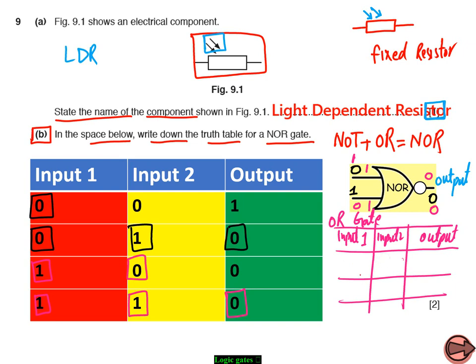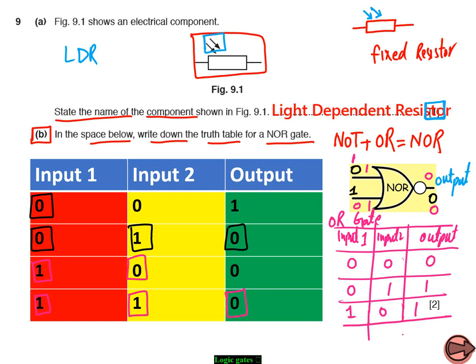Comparison is very important. Let's say if input is 0 here, input is 0 here, output has to be 0. Next one, if one input is 0, another input is 1, output has to be 1. Next one, if one input is 1, other input is 0, the output for the OR gate has to be 1.